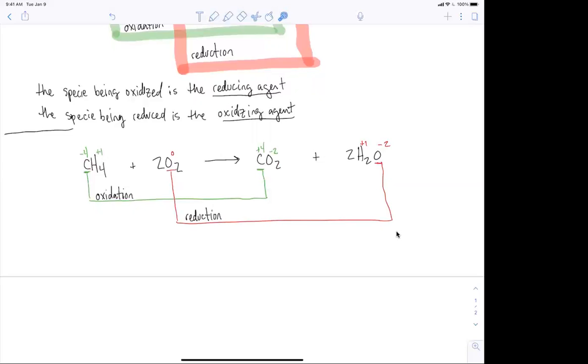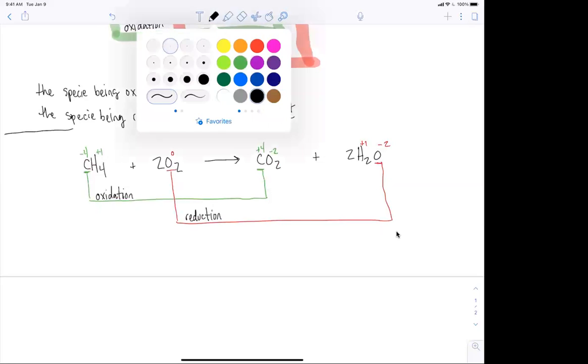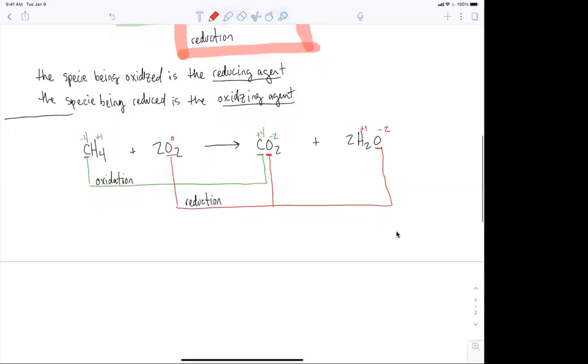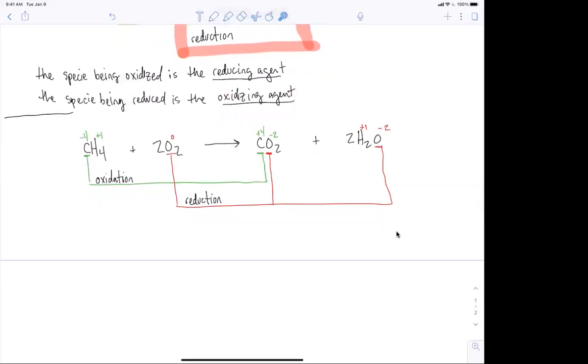Oh yeah, the oxygen, that's a very good point. Because the oxygen's combining with carbon over here, you have sort of reduction happening in two different places. That's a good catch.